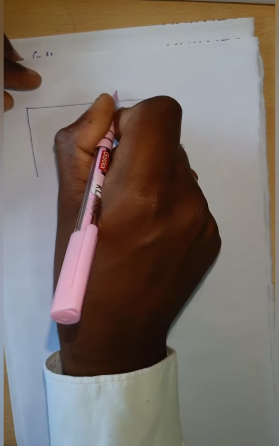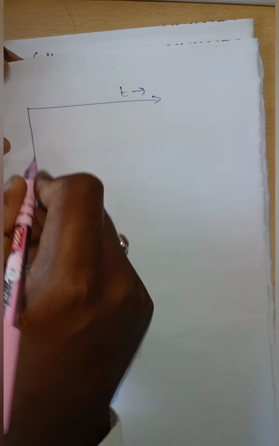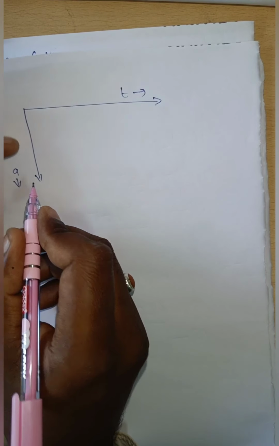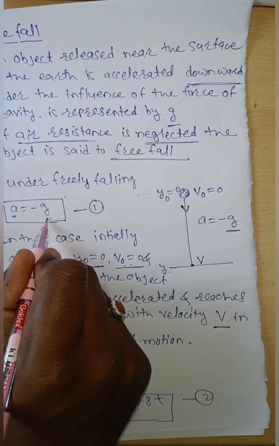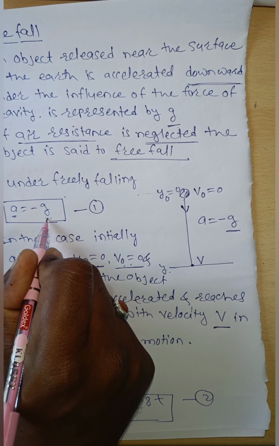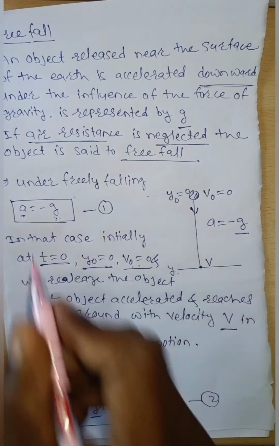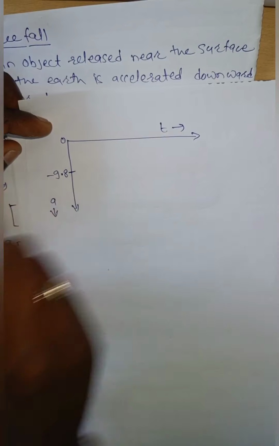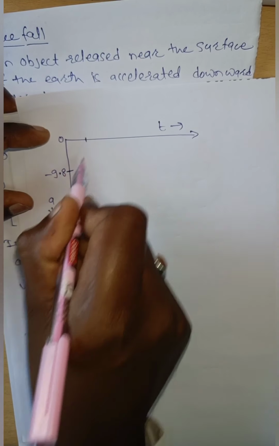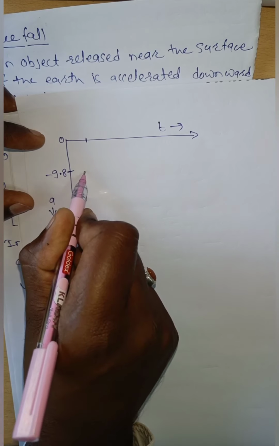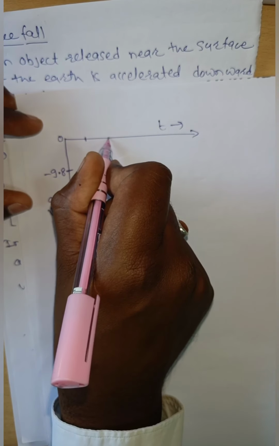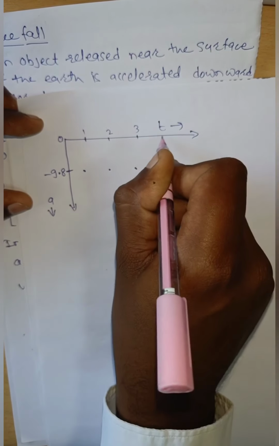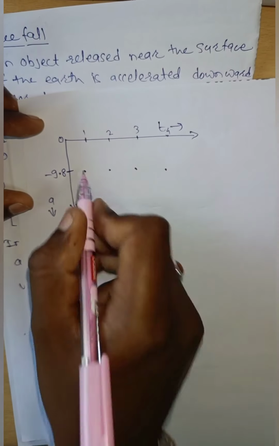When the time is positive, the acceleration is negative, and the value of acceleration is minus g, where g is 9.8, therefore minus 9.8. Suppose here is 0, here is minus 9.8. For 1 second it is minus 9.8, for 2 seconds it is minus 9.8, for 3 seconds and 4 seconds it is minus 9.8.